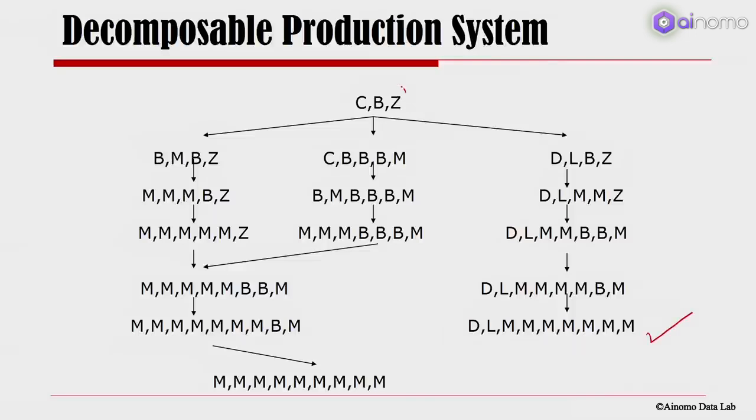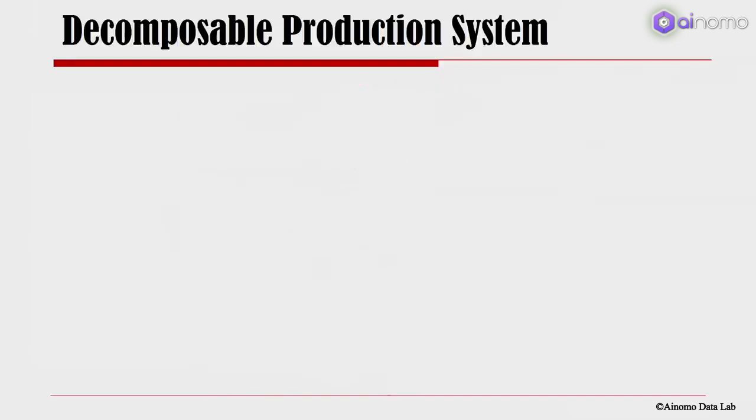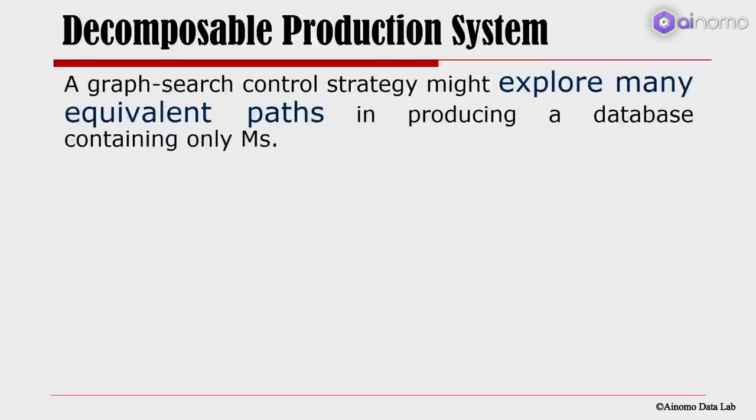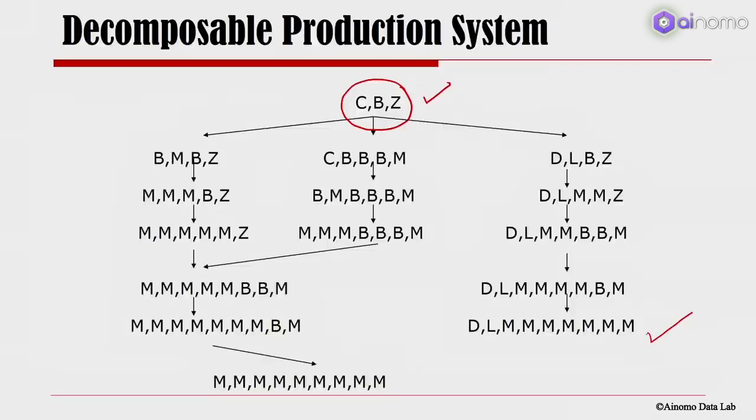Instead of looking at CBZ as a complete single entity, the decomposable production system allows me to look at CBZ as 3 different units of C, B and Z.